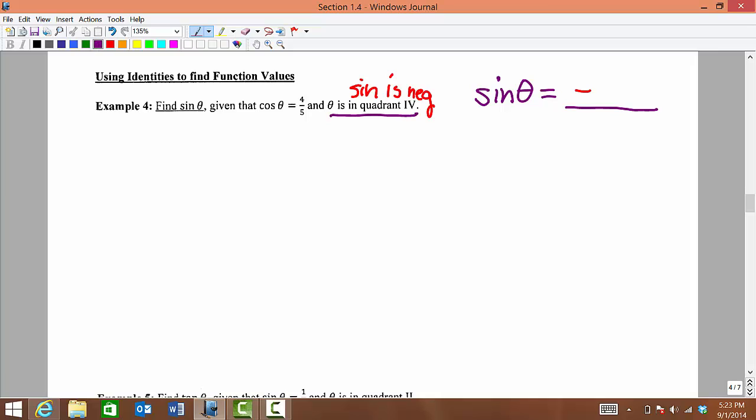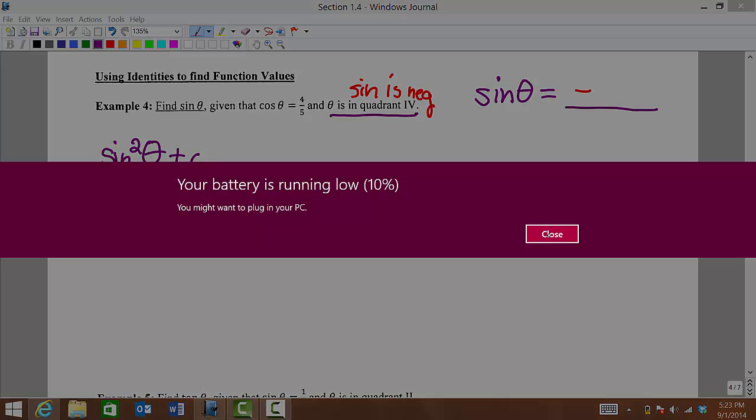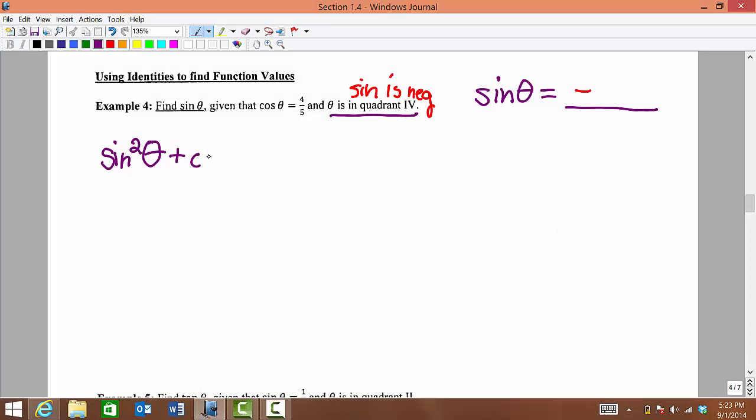Now how do I get from sine to cosine? Using identities. So we're asked to use identities to do this. Well, our Pythagorean identity will help us here. Sine squared theta plus cosine squared theta is equal to 1.